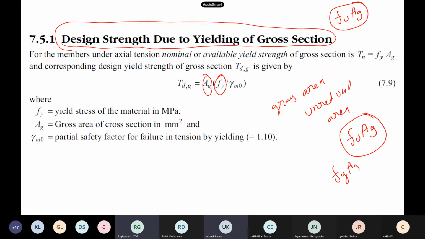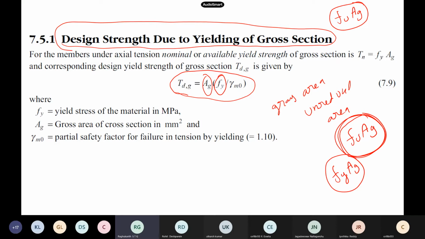Sir, by the time the ultimate strength is reached, a lot of elongation would already have taken place. Elongation, so our limit state of serviceability will fail if you take Fu into Ag. That's why we take Ag into Fy only, not Fu. This is a very important thing: we use Fy instead of Fu because of the serviceability requirements.